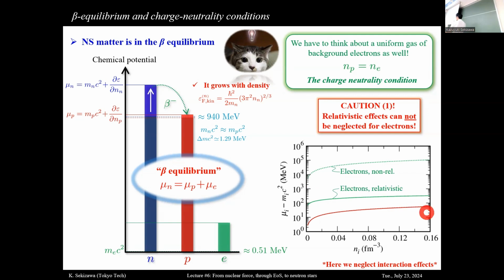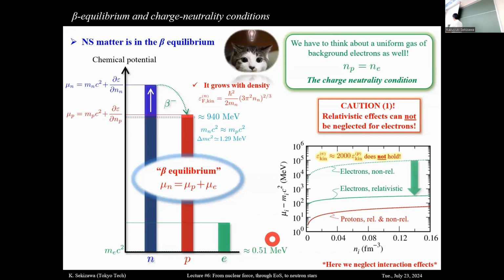But if you apply the relativistic formula, the energy becomes much, much smaller than the non-relativistic one. Naively, in the non-relativistic way, you may imagine the kinetic energy of electrons is 2000 times that of protons because of the mass ratio, but it is not the case. So the relativistic effect is very important to correctly describe the electron's chemical potential here.